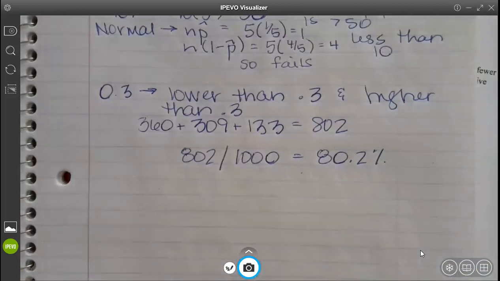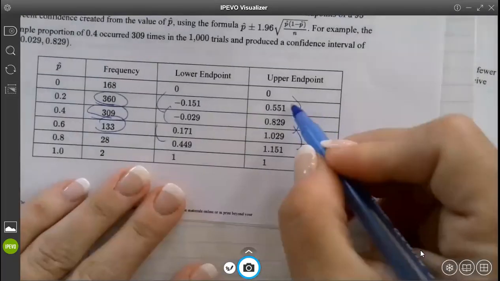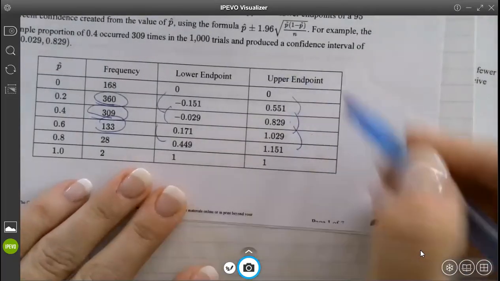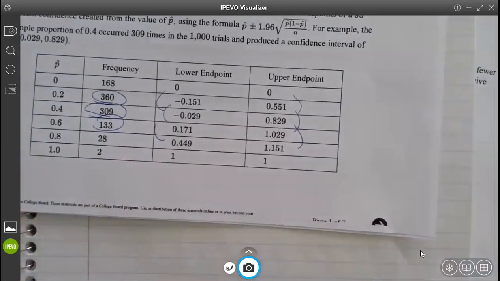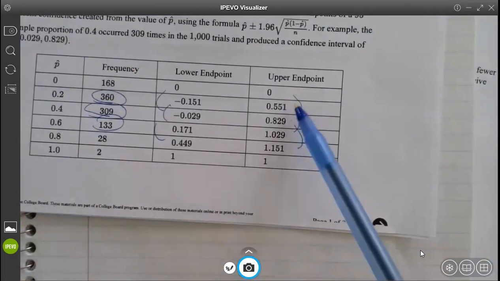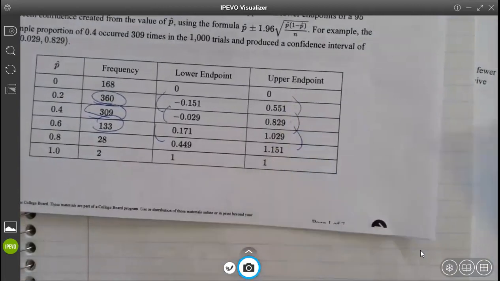If you also did, here's what it says. If you did 3 out of the total 6, you would get partial credit for that. So if you gave me 50%, because you didn't do the frequencies, you just did 3 of the intervals out of 6, you would get partial credit. Essentially correct explains that the interval captures the true proportion if it includes 0.30.